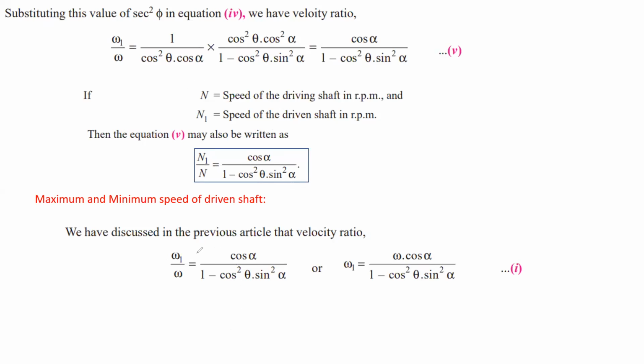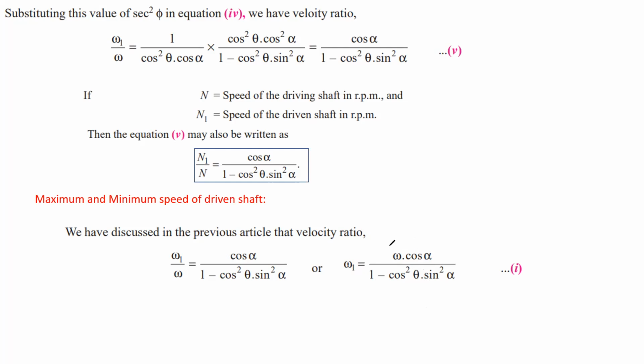It is obvious from this expression that alpha is constant, omega is constant, but as theta changes between the values from 0 to 360 degree in one revolution, omega 1 will also change with that.